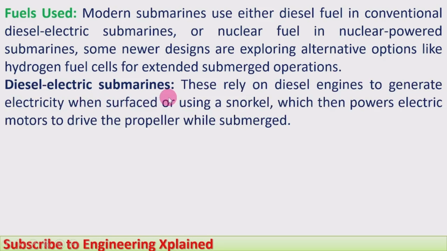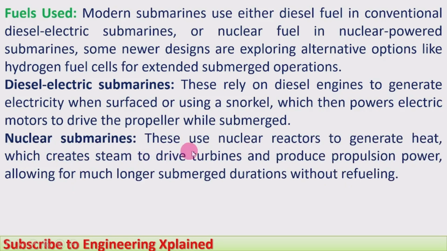Diesel electric submarines rely on diesel engines to generate electricity when surfaced or using a snorkel, which breathes air for the running of the engine, which then powers the electric motors to drive the propeller while submerged.